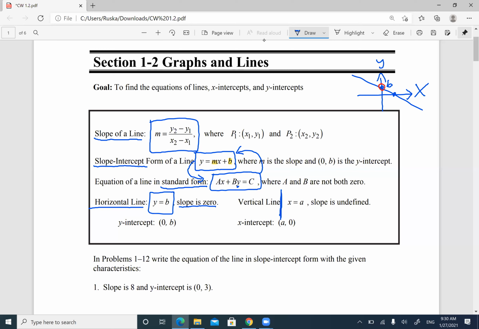The equation is x equals a number, they use a, and the slope is undefined. Okay, so that's what you need to remember. The y-intercept is (0, b), and the x-intercept is (a, 0). So the number here is a.